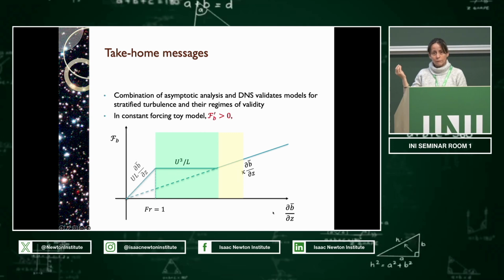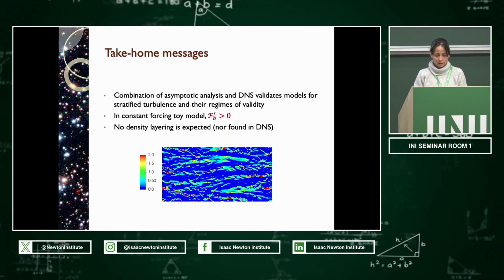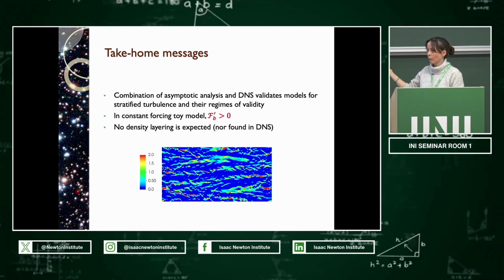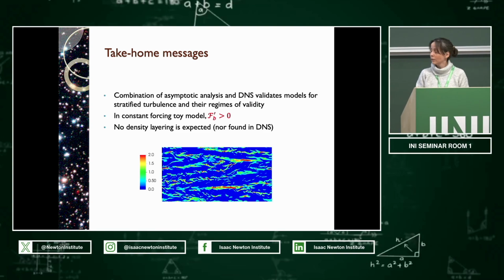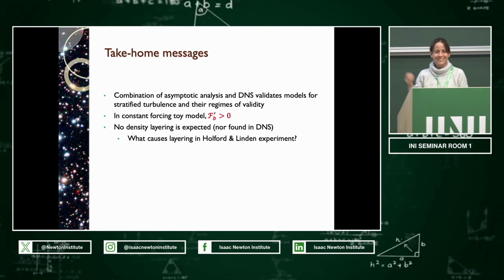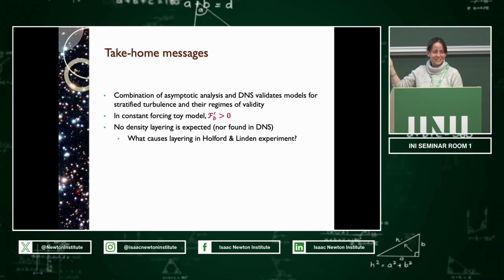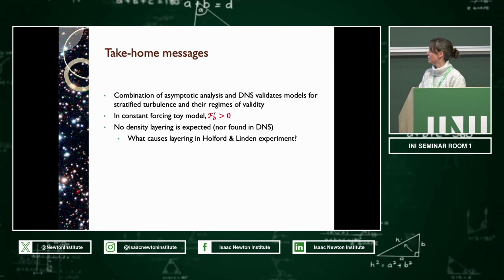That is for the constant forcing case, but it's quite robust. The implication is that there's no density layering, and they're not found in the DNS, so that's consistent. Which begs the question of what the heck is going on in the Holford and Linden experiment? Presumably there's another effect that's not taken into account.